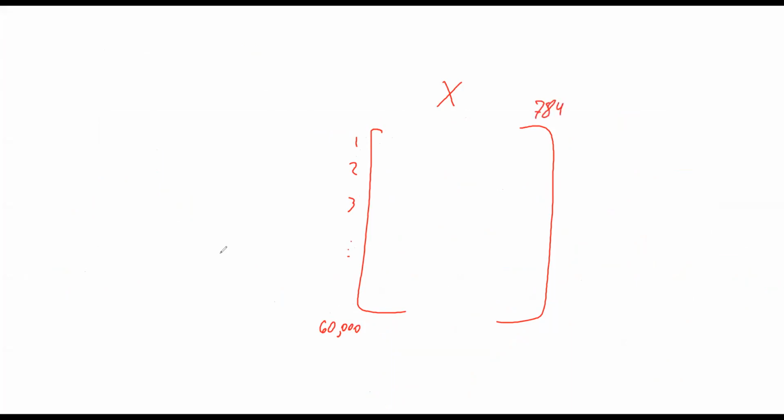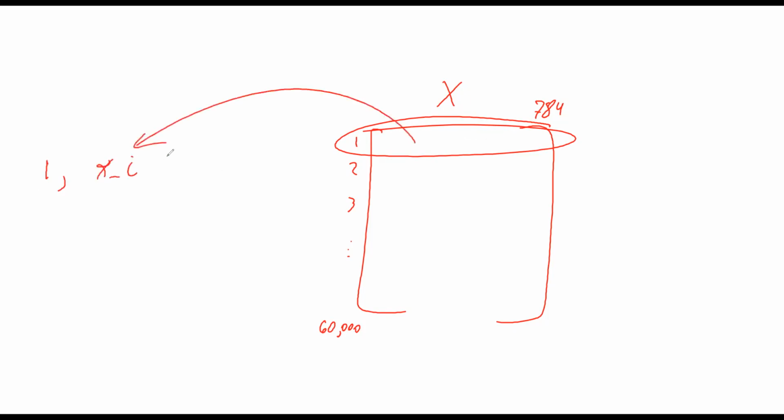All right, so if you think about it a little bit, X is like this. All right, and let's say it's MNIST, so it's 60,000, and then this is 784. What that enumerate is doing is grabbing the first one, right? And so that's why it's called Xi, because if this is uppercase X, it's a little x, it grabs the whole row. So in the enumerate it grabs the index. So first iteration, we grab 1 and Xi, where Xi is the whole row.